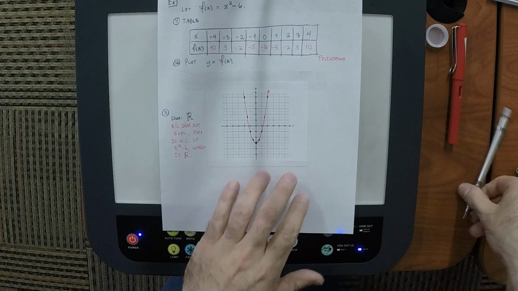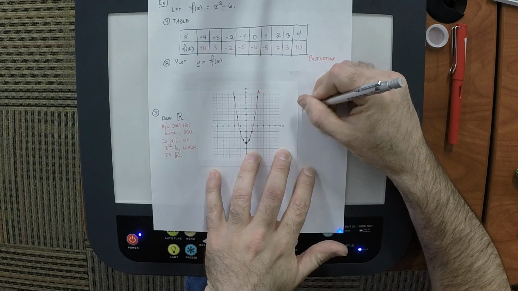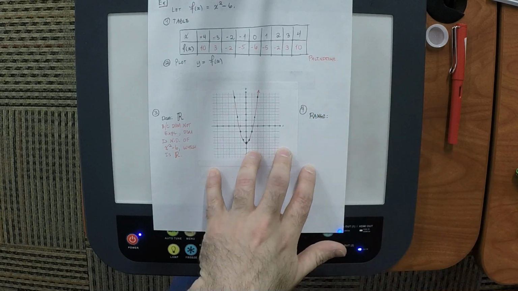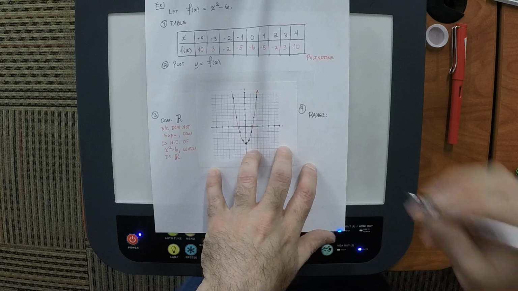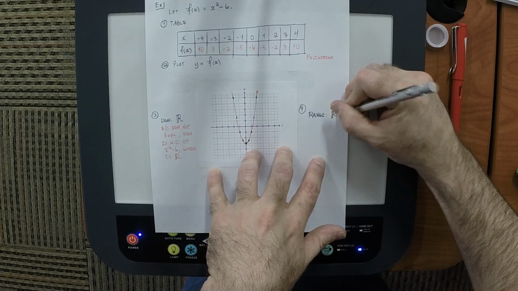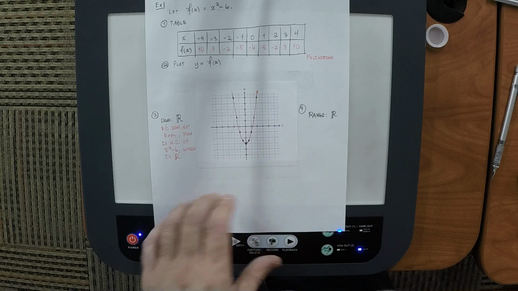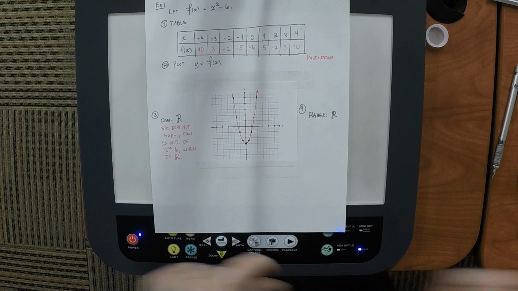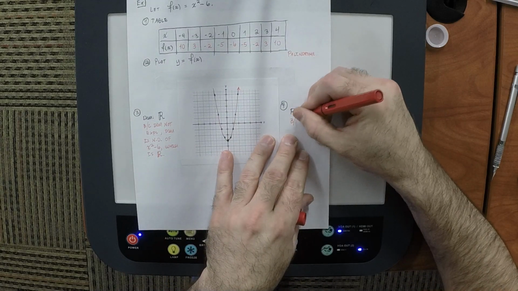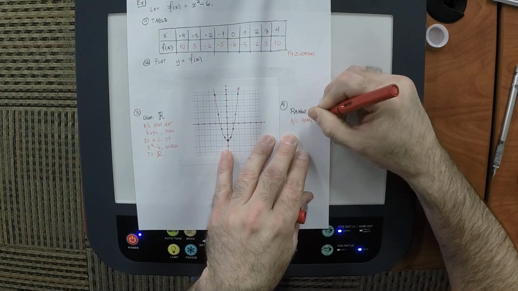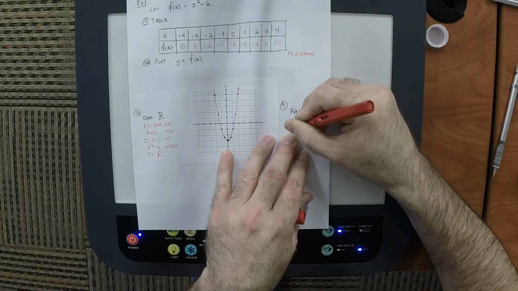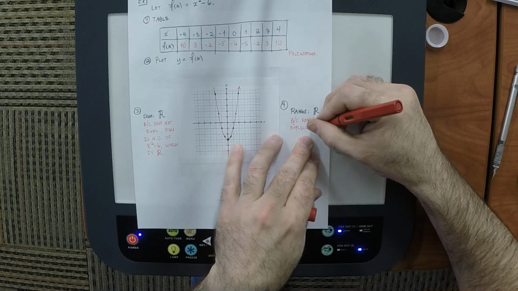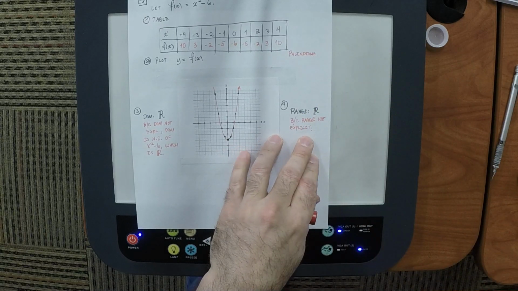Okay. Question 4: what is the range? All reals. Now, why is the range all reals? Because the range is not explicit, there's no calculation necessary, right?